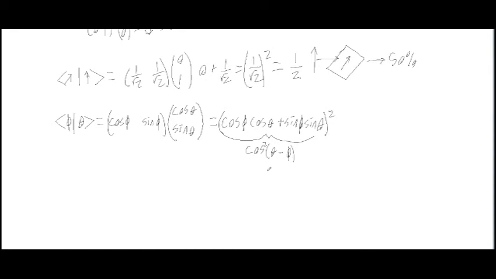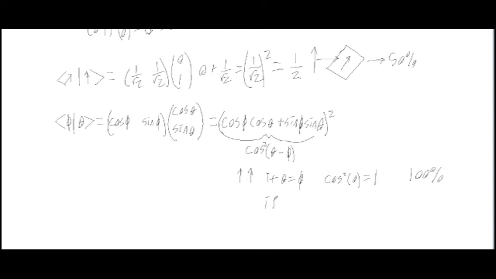And so you can imagine if theta is equal to phi, then we have cosine squared of 0, which is equal to 1. And that makes sense. If these are both the same, then they are both polarized in the same direction. And that's exactly what we would expect, is that it would be 1, which is 100% of the photons getting through.